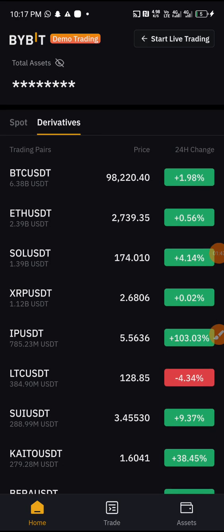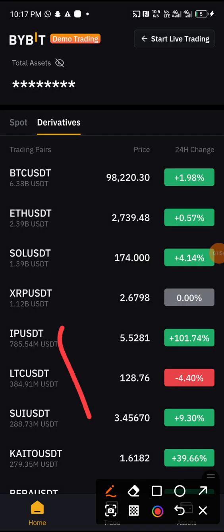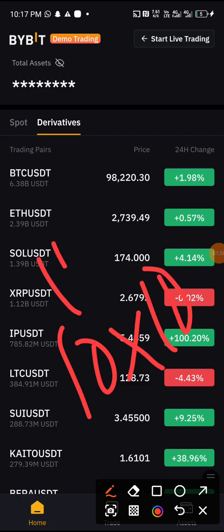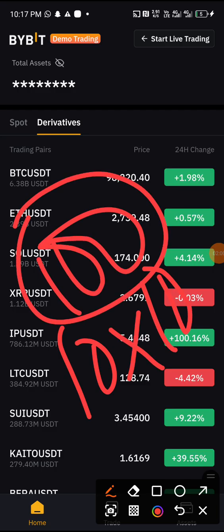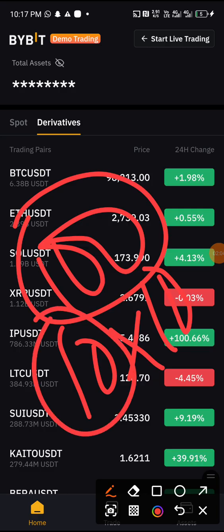In derivatives, when you have 10 USDT to trade, you can add a leverage of 10. That 10 USDT is going to be 10 by 10, which is roughly 100 USD. You can see with your 10 USDT capital, you can trade with 100 USDT borrowed fund.